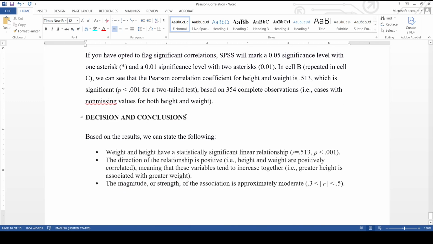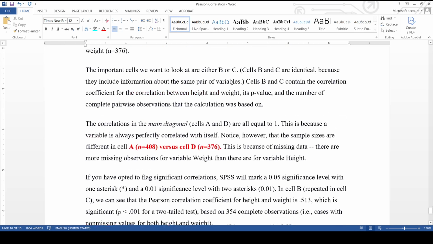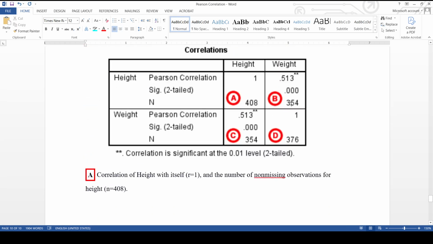Now, how would you present your result eventually? If you have opted to flag significant values, which we did, that's why we have this significance showing here, and finally we have the correlation here at 0.01, which means that the moment your significance value is less than 0.01, your result is significant.